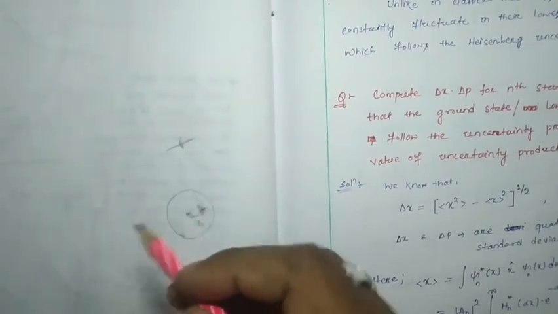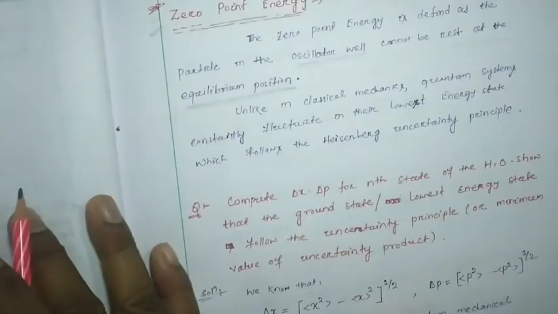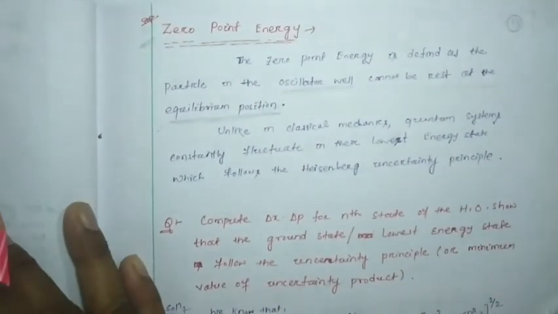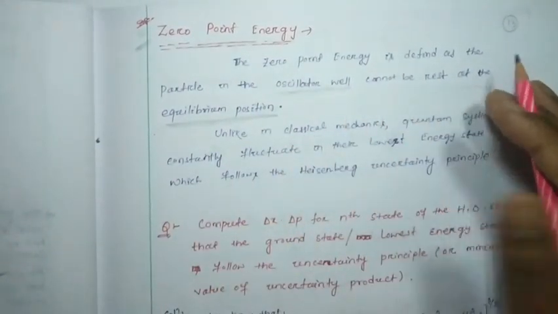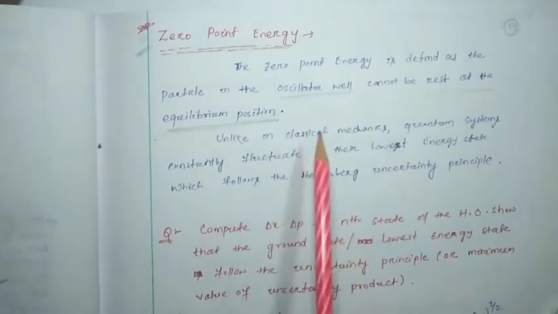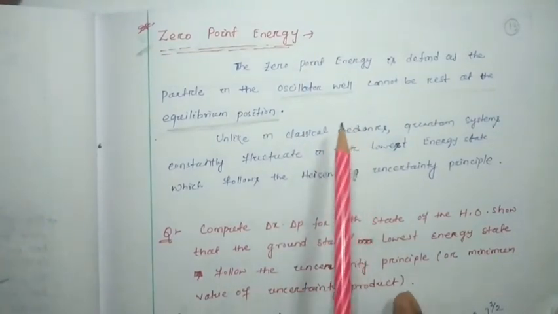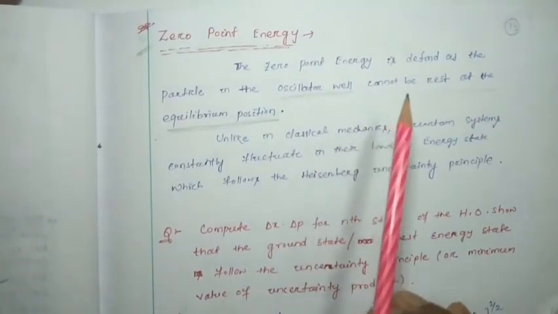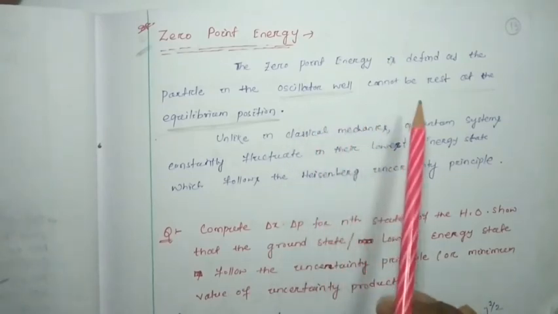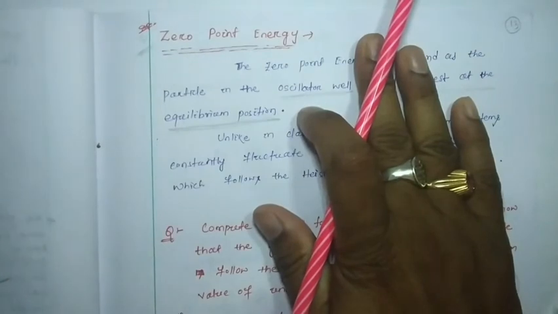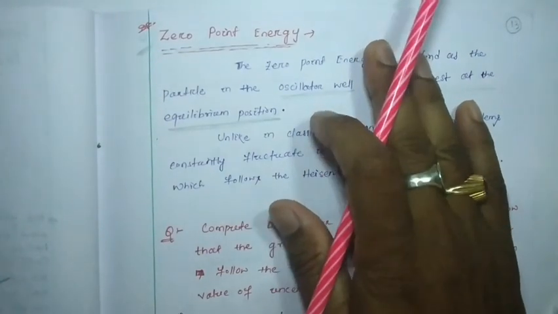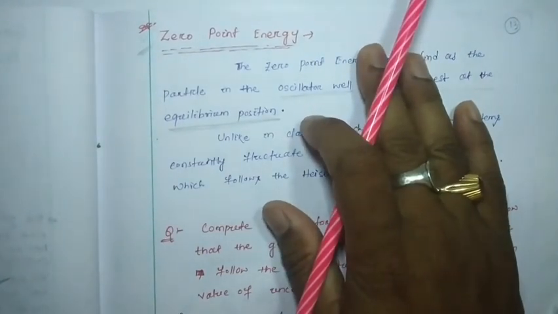If we say a classical particle is at the equilibrium state or minimum energy state, again I repeat, that does not mean it is at rest. It is in oscillation, minimum oscillation or minimum fluctuation.